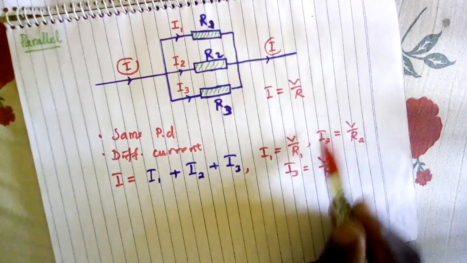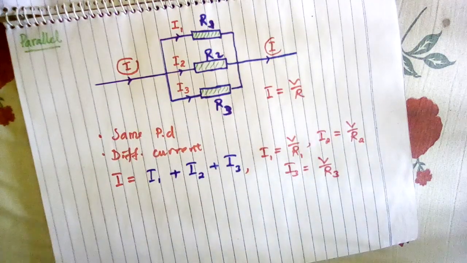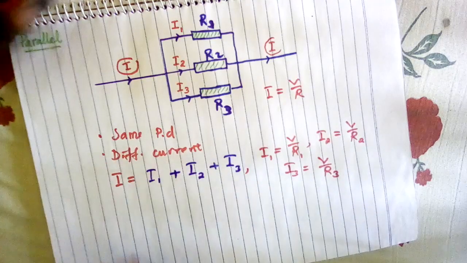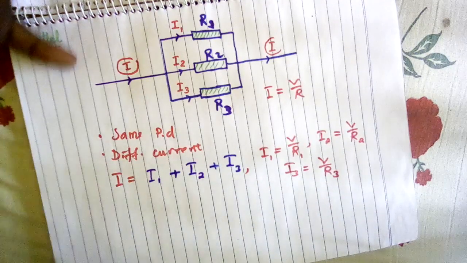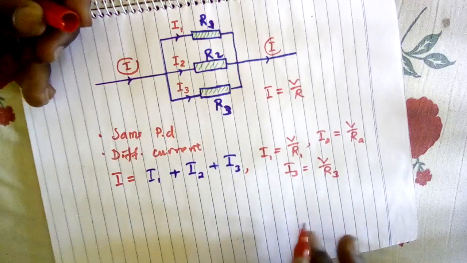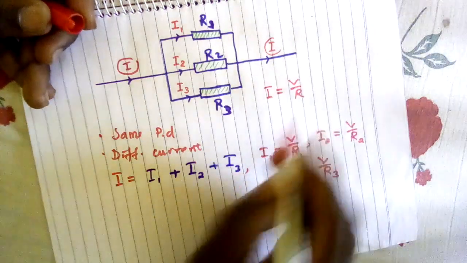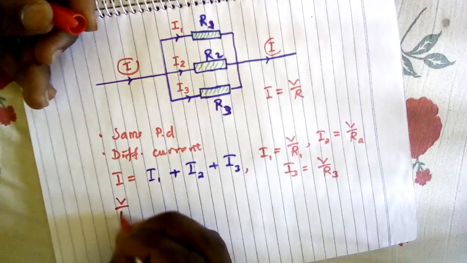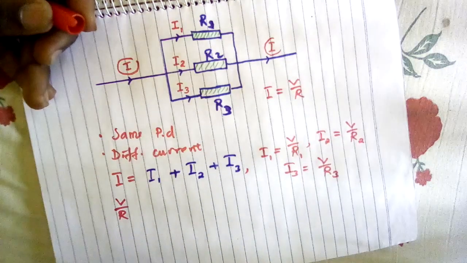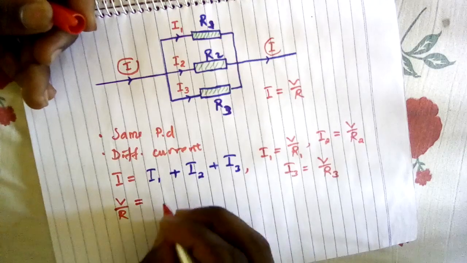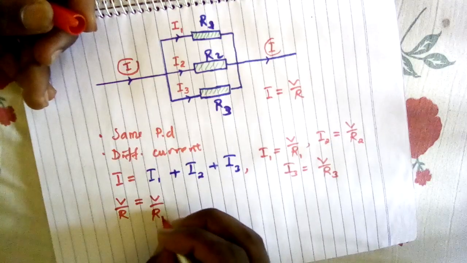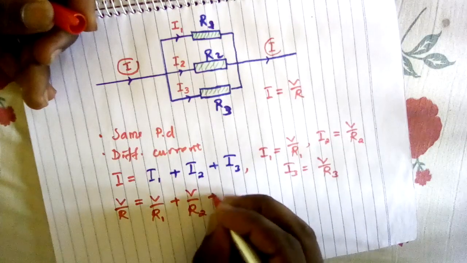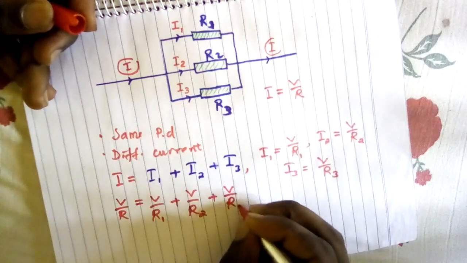So just mark these values of the currents, and then we're going to substitute them into our equation, which relates the total current through this network. Let's plug I in here. So we have V over R, which is the equivalent resistance, then V over R1 plus V over R2 plus V over R3.